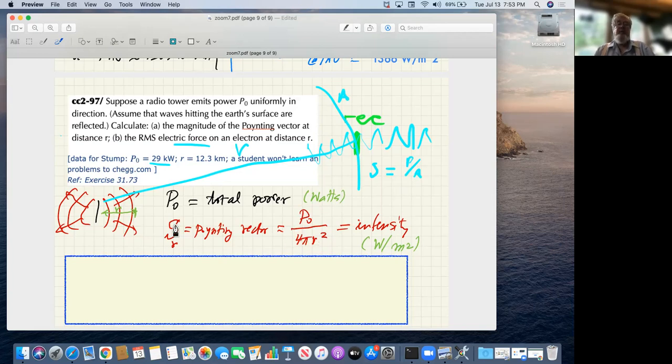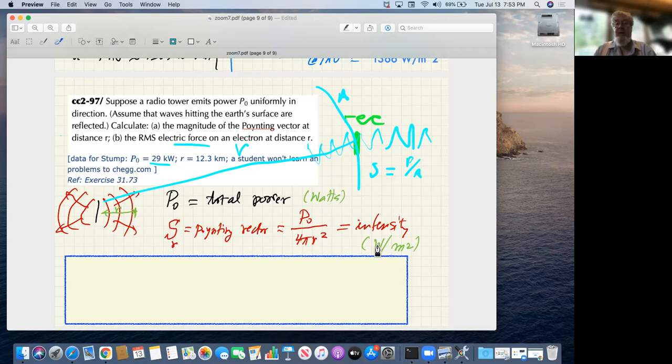So we often say that the intensity of light decreases as 1 over r squared from the source. It's the same for visible light. If you have a light bulb, what's the intensity at a distance one mile away from the light bulb? Well, the intensity goes like 1 over r squared, 1 over the distance squared.